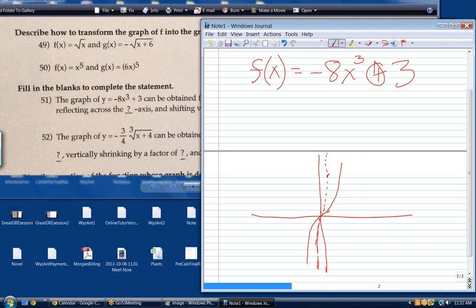Now let's apply the negative sign, because we definitely want to apply the reflection before we do any vertical shifting. So if I reflect this dotted line across the x-axis, it becomes this.